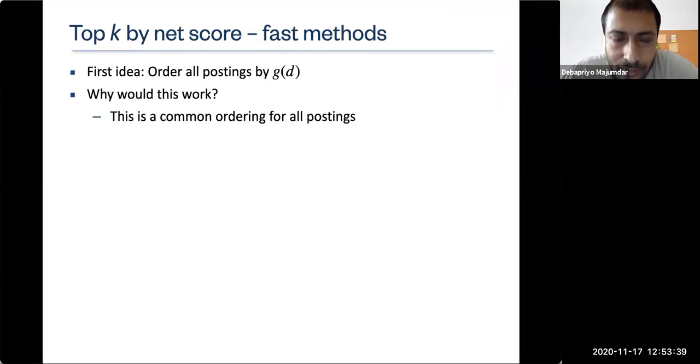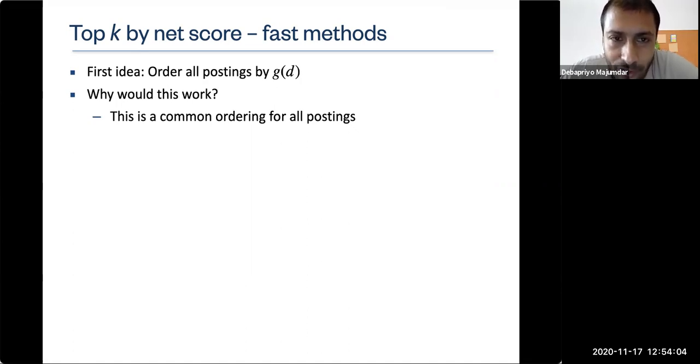This would work because just like document IDs, this is also a consistent ordering, because you can basically rename the documents or give the documents a new ID. So consider the whole corpus, the whole collection. The document with the highest PageRank, you call it document 1, right? The document with the second highest, you call it document 2.